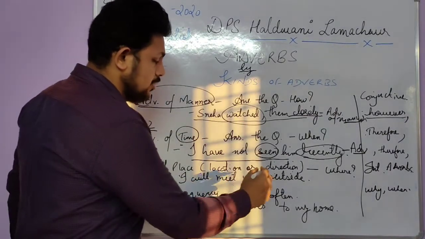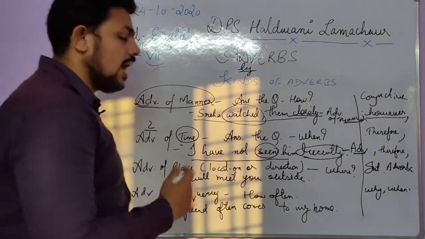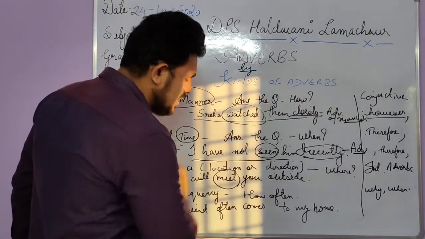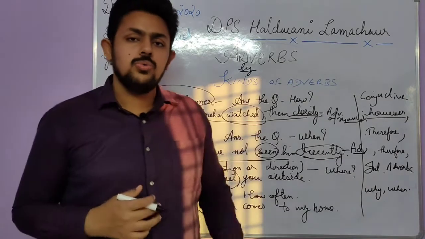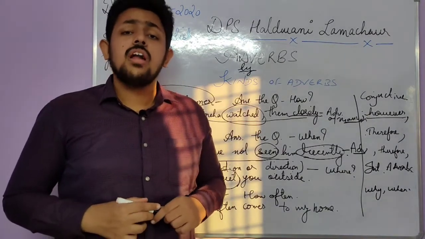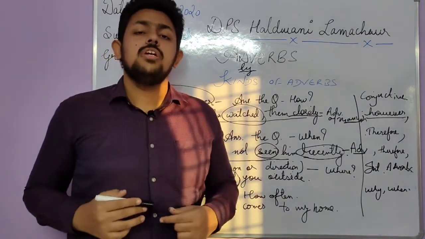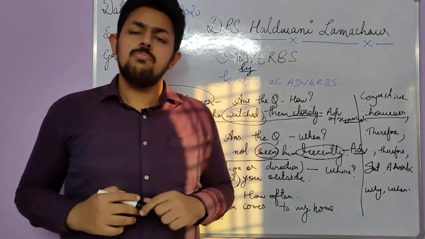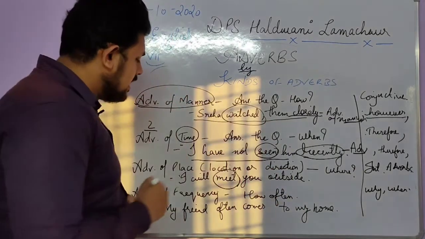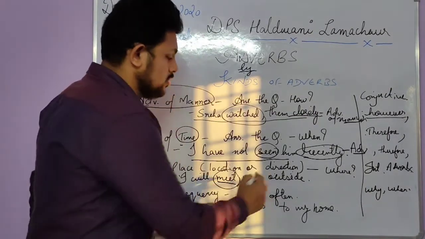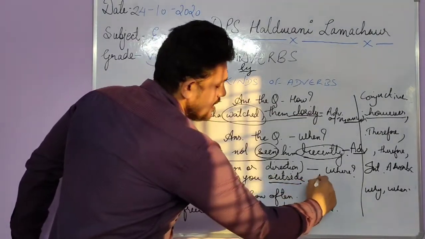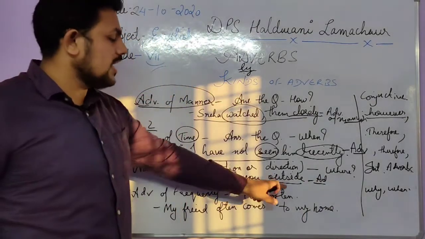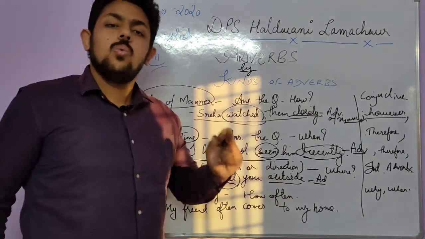I will meet you. Here the verb is meet. But where will I meet you? I will meet you outside. So outside is the word that is defining the verb meet. So outside is our adverb.